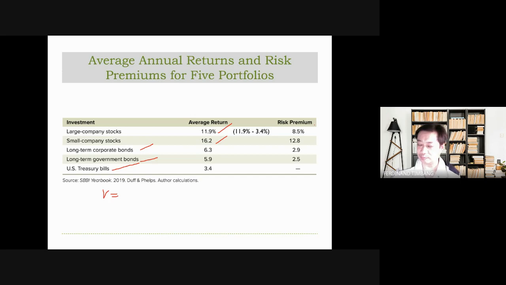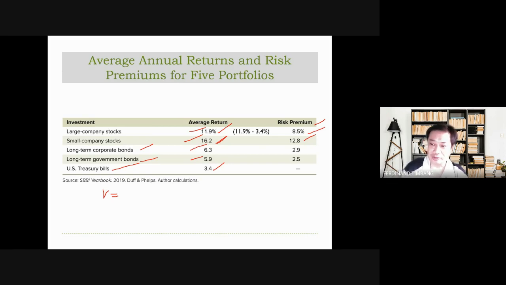So this risk premium, we can obtain by deducting 3.4 from each of these. For example, 11.9 minus 3.4, you get 8.5. And then 16.2 minus 3.4, you will get 12.8. And so on and so forth.